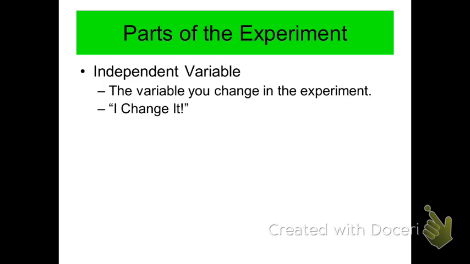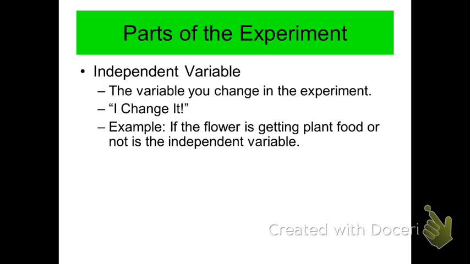Independent variable starts with an I, so we can think, I change it. So when you're thinking about our marigold experiment, what do you have control over? What do I change? The example would be plant food. Is the plant getting plant food or not? So you can just write plant food for your example for independent variable.